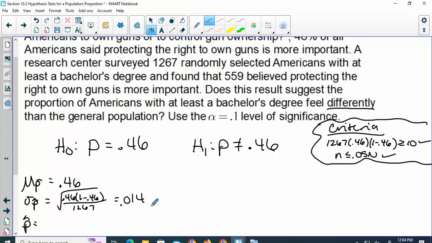We get 0.01400. How do we find the p hat? 559 over 1267. So 0.4412.